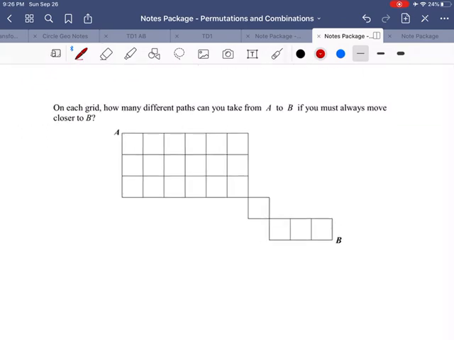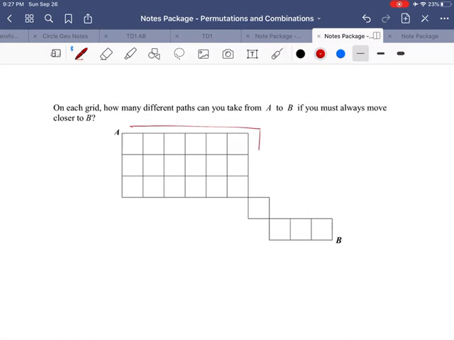All right, here's a grid question. So I don't know if we've done one like this in class before, where there's different sections. I know we did one grid, and we also did a 3D grid, okay? But we haven't done it in these different sections. So the process is still the same.